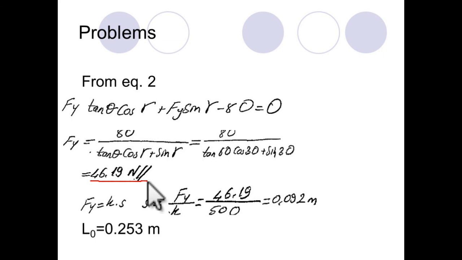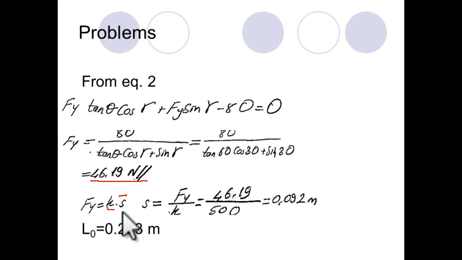Now I have to find the elongation of the spring. I call this elongation S. So the force coming from the spring is equal to the stiffness of the spring multiplied by its elongation. I know the stiffness of the spring, so K is known, right? It was 500 newtons per meter.